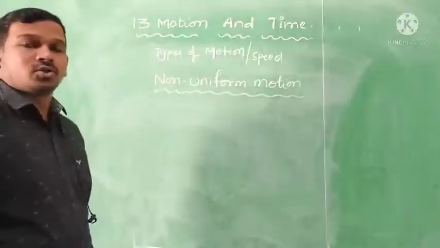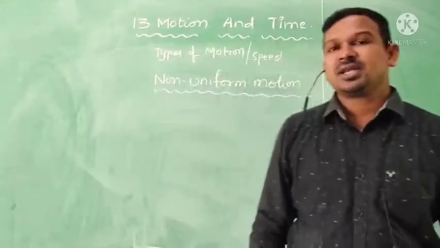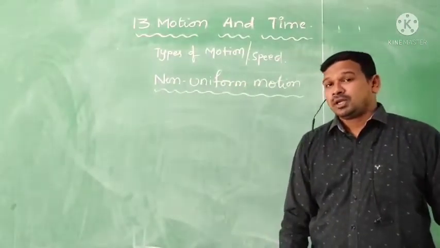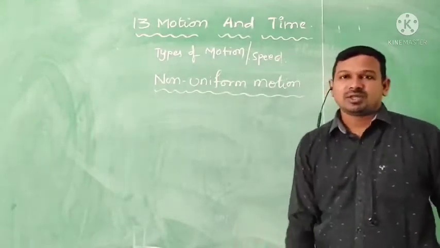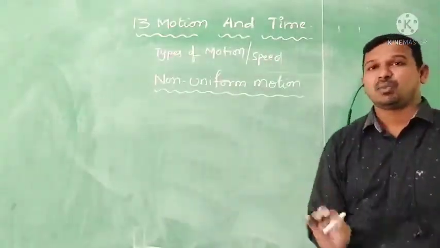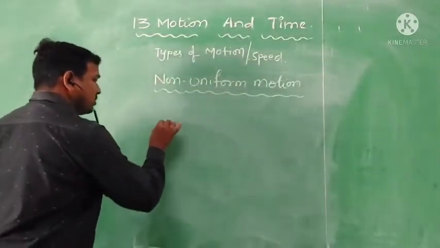Okay, children. As we discussed just now, if the body is covering equal distances in equal intervals of time, then the body is said to be in uniform motion. We gave the example also. Now we are going to discuss the non-uniform motion. This is vice versa, opposite to the uniform motion. Now, the same situation here also I am taking.